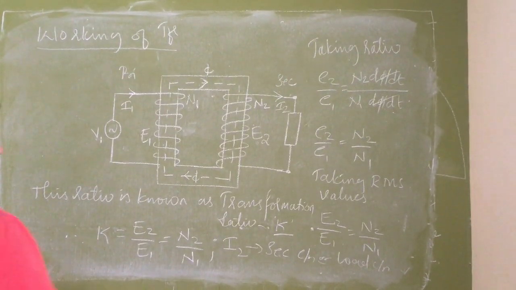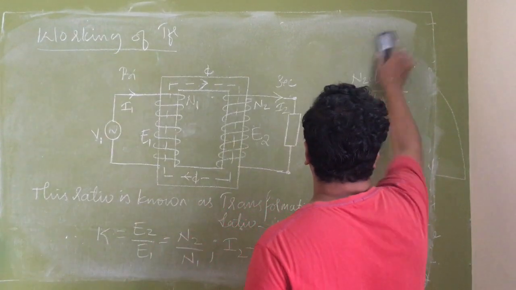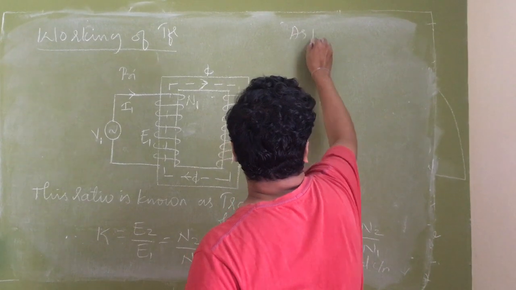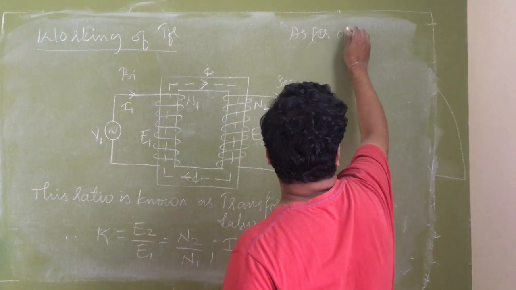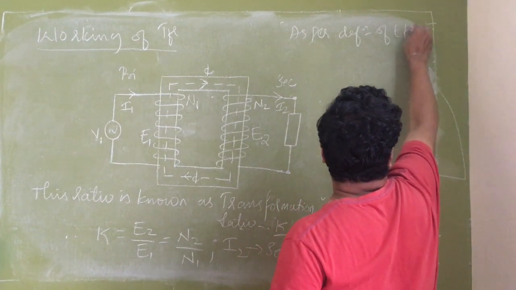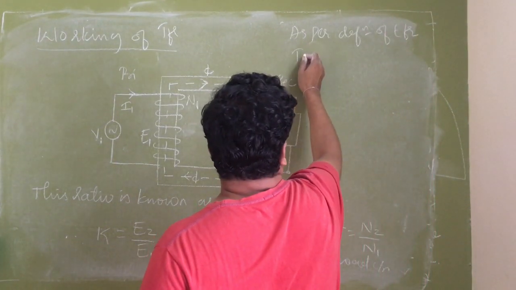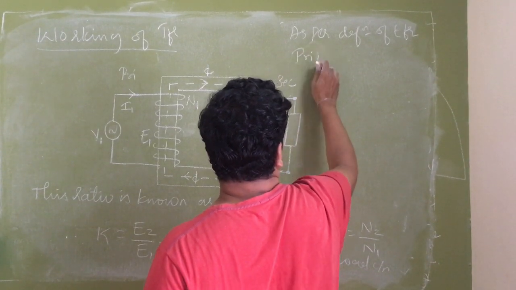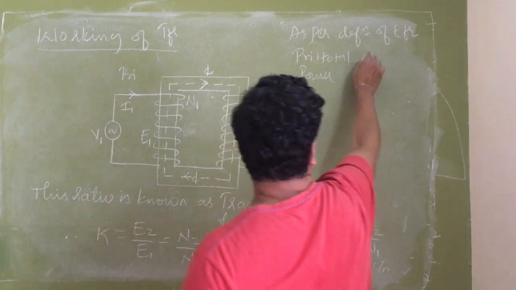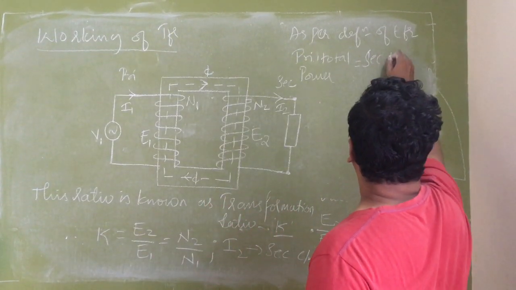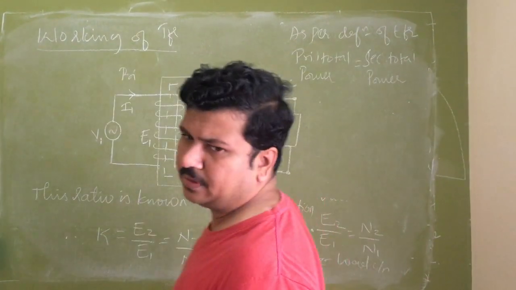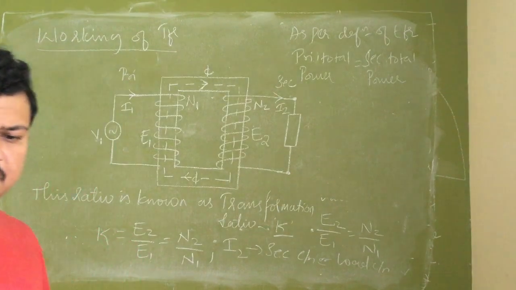Now, as per the principle of operation or definition of transformer, primary total power is equal to secondary total power.